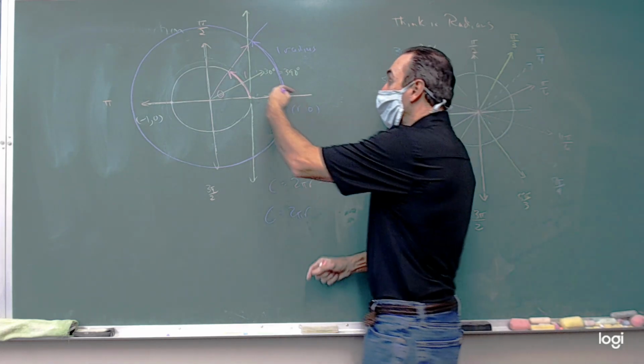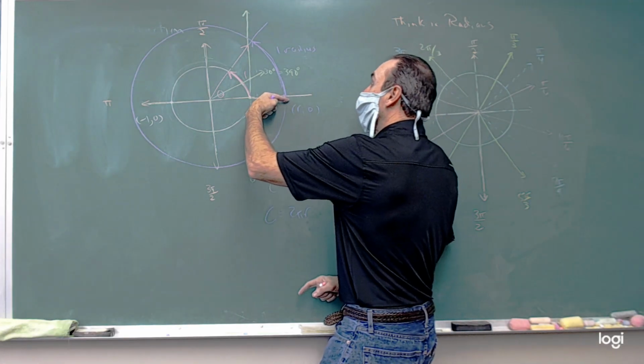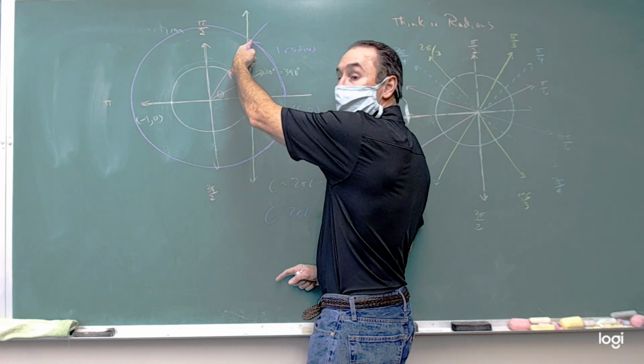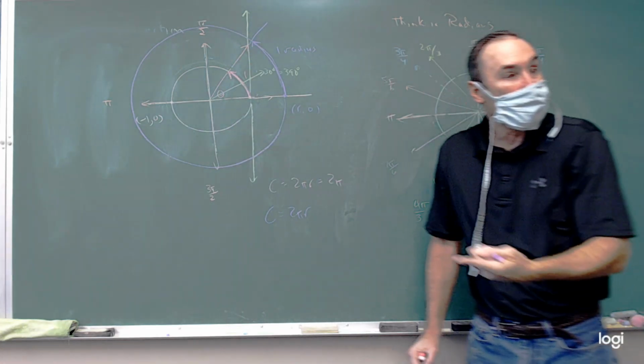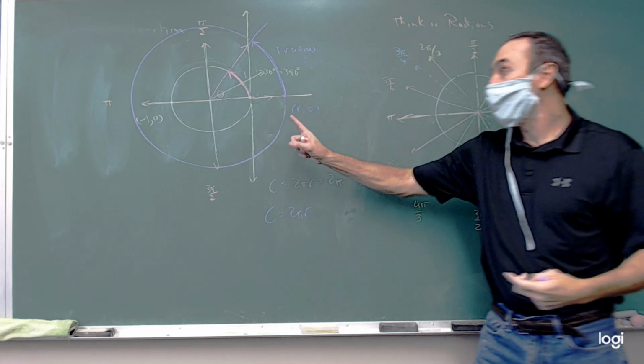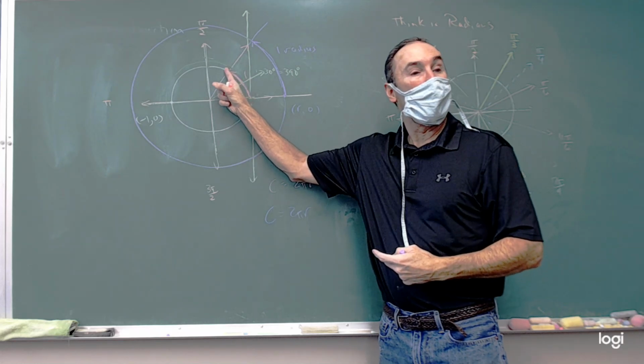And so on this circle of radius r, if we travel a length of 1 radius, it gives us an angle of 1 radian. It's the same angle that we got on the unit circle by traveling a length of 1.